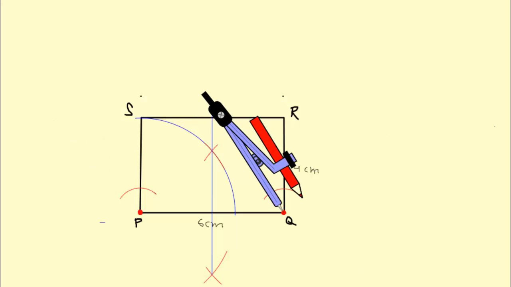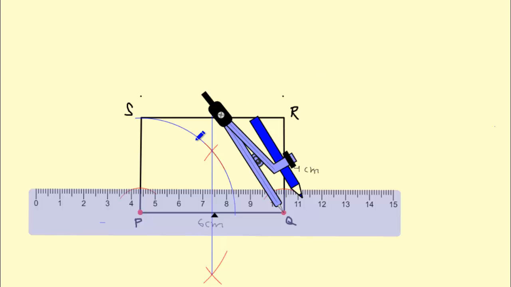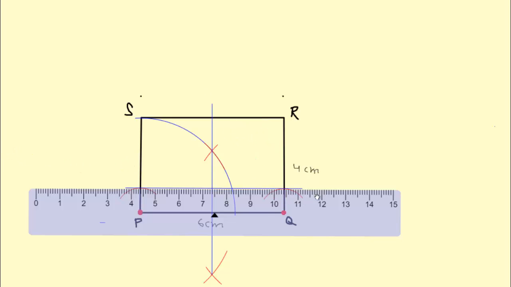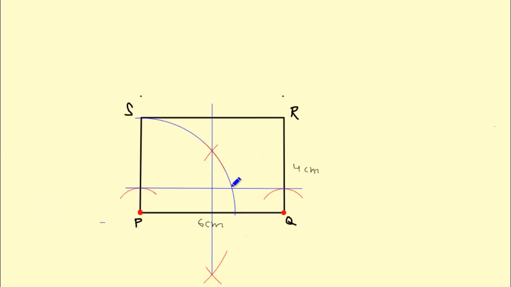So we have drawn these two curves that are 1 centimeter wide. Now we will draw a line touching the top of those curves. That will give us a parallel line. So this is the parallel line 1 centimeter from line PQ.